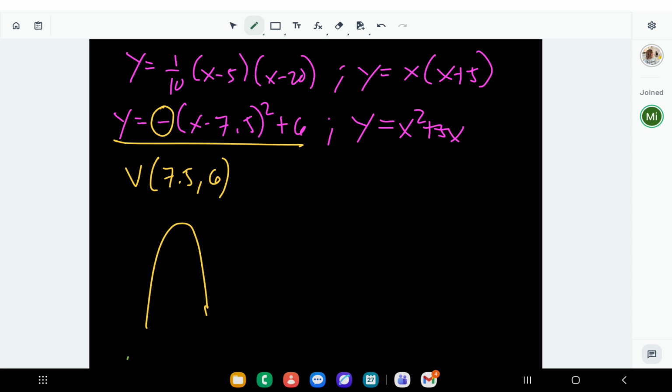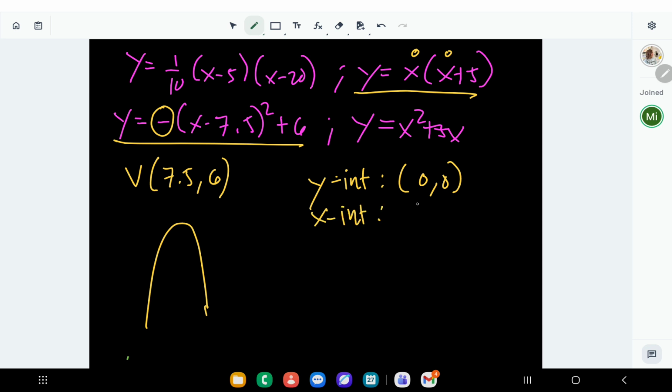And then for the second one, let us check the second one. Let's find the y-intercept for that. When x is 0, y is 0, right? If you substitute 0 here, x is 0, so this is (0, 0). And then what else? X-intercept.